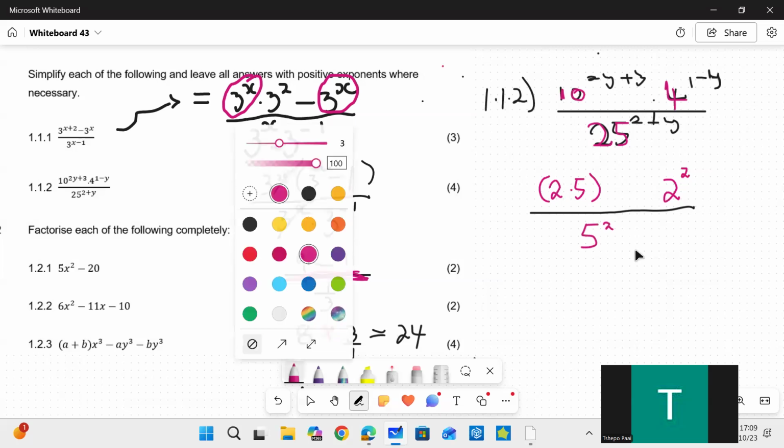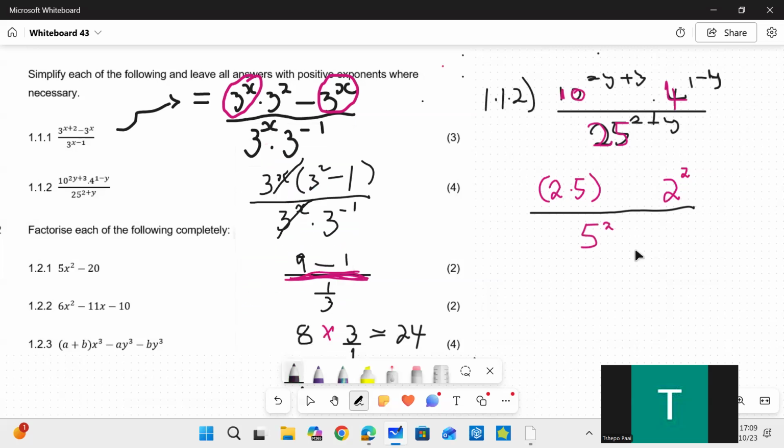Now let's write our exponents. There you are having exponent 2y plus 3. Let me just write it neatly. You had 2y plus 3. And then here you have 4 being 2 squared. The exponent out there is 1 minus y. Here you have 5 squared.